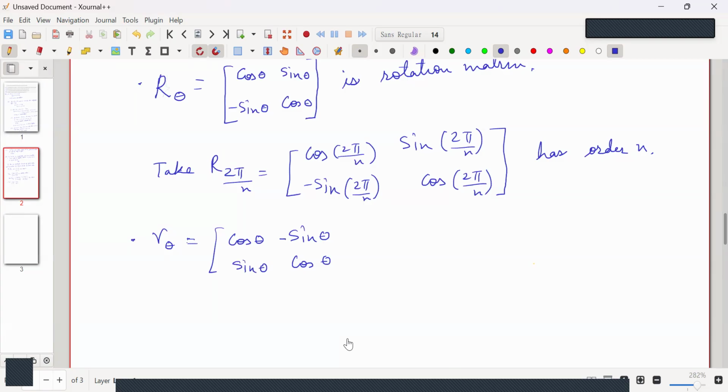But you got the point, right? All reflection matrices will have order 2, while the rotation matrices will have order n.